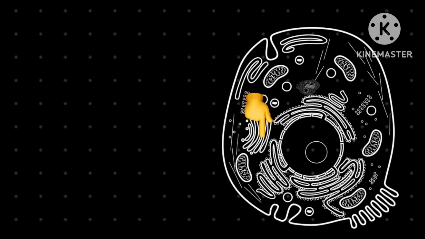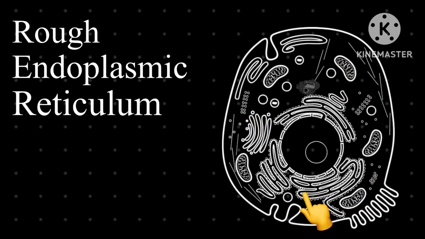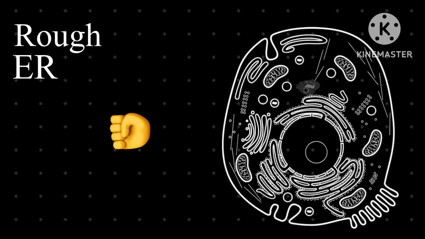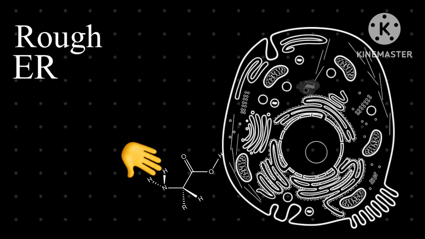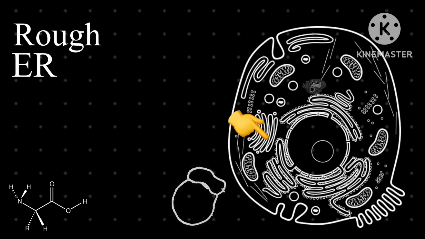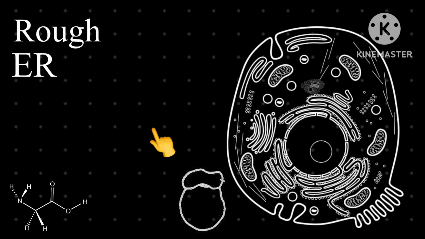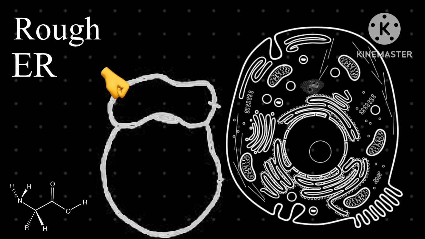This nucleus is surrounded by a structure known as the rough endoplasmic reticulum, shortened to rough ER. The rough ER is used to produce proteins because it's studded in what we call ribosomes. Ribosomes are tiny little factories that exist all throughout the cell.